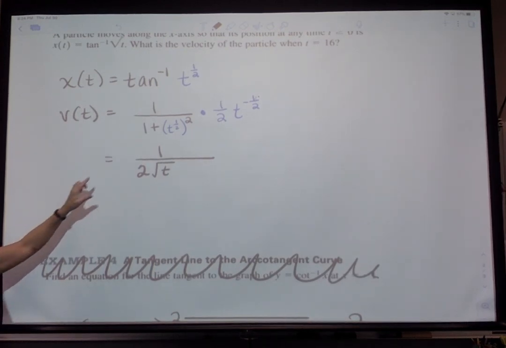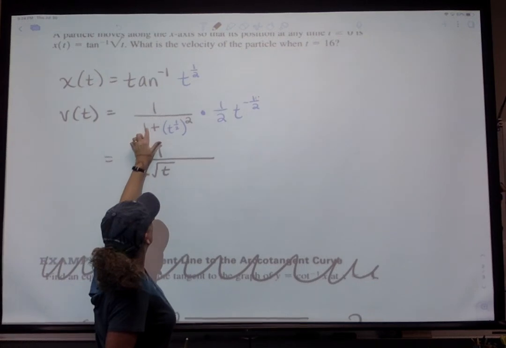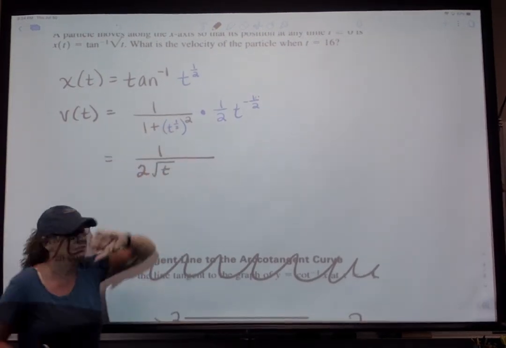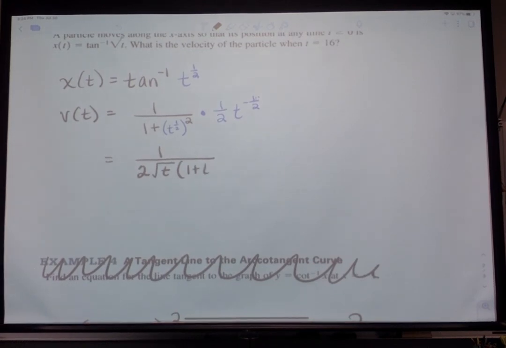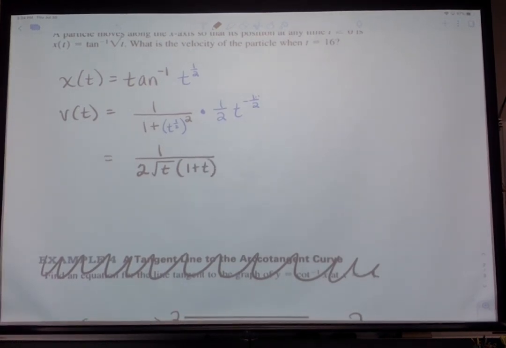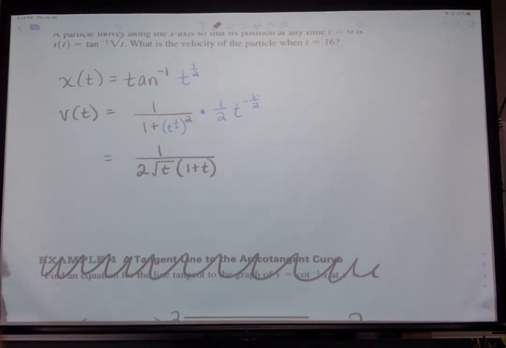And there's going to be this quantity right here, which is the quantity 1 plus t, because t to the 1/2 times 2 becomes t to the 1st.